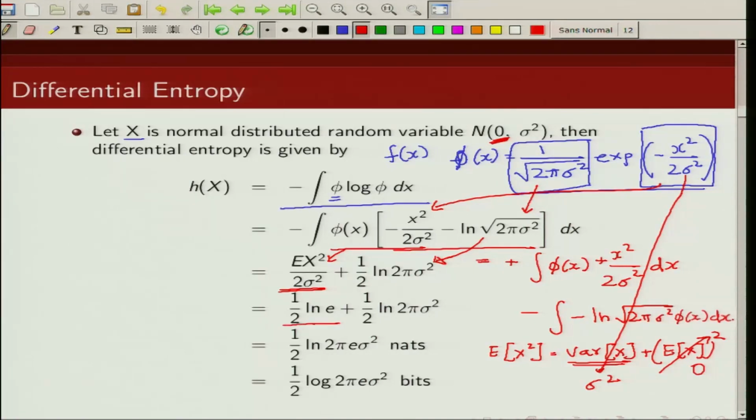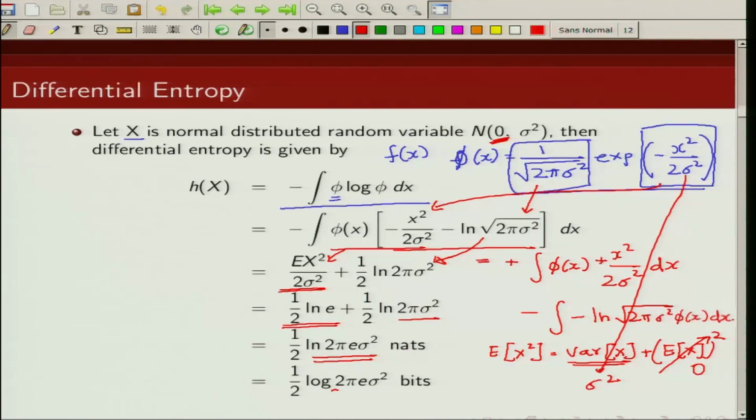So half, I can also write it as half of natural log of e, and then this is of the form half of natural log of e plus half of natural log of 2 pi sigma square. So this is log a plus log b, which can be written as log of a times b. Now note, we were talking about natural log, so this is in nats.